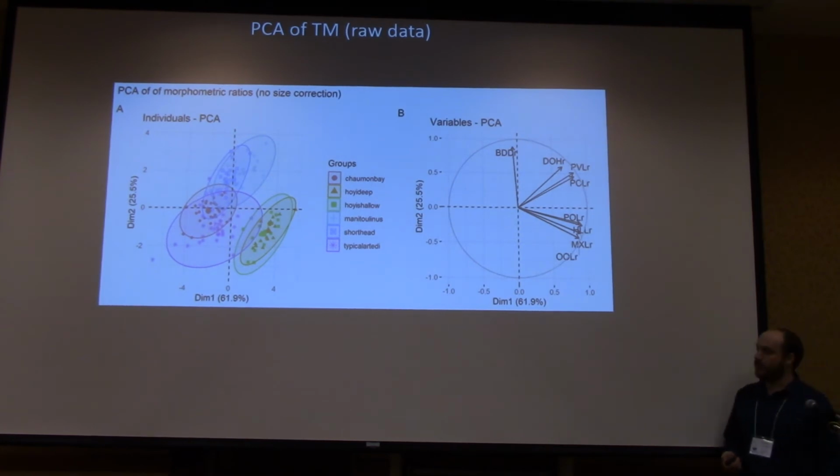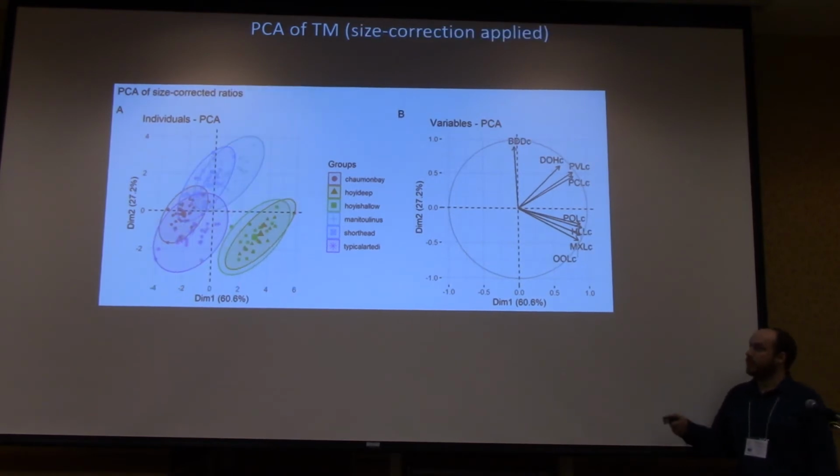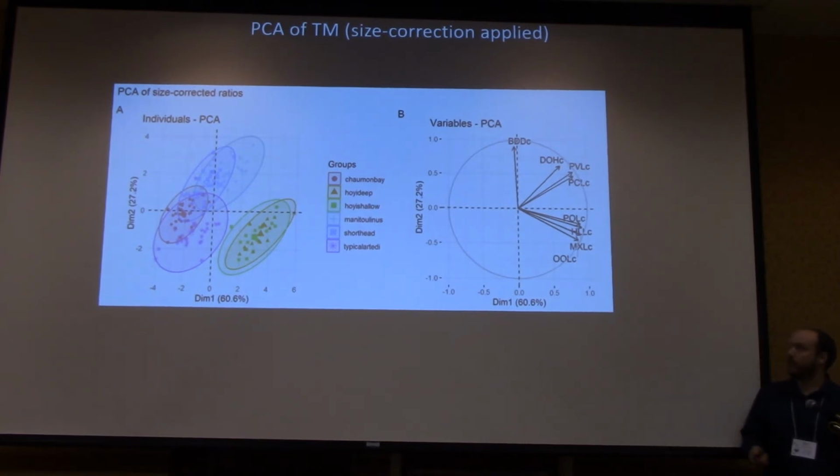It was kind of surprising, as we thought we'd account for much more variation once we adjusted for that. We still see that both bloater forms are well overlapped. Not much difference there. And overall, displaying a pretty good amount of variation, 60% in the first principal component.